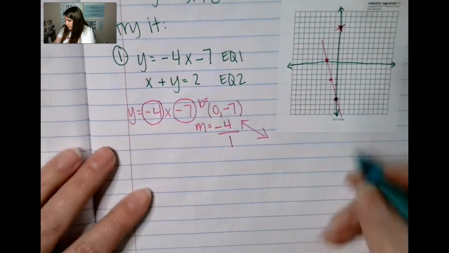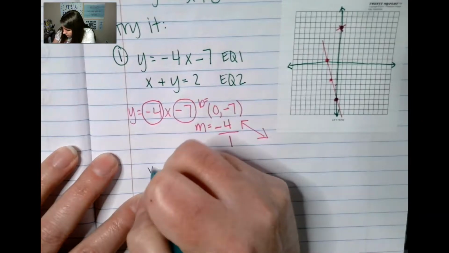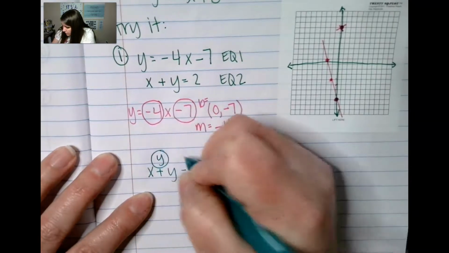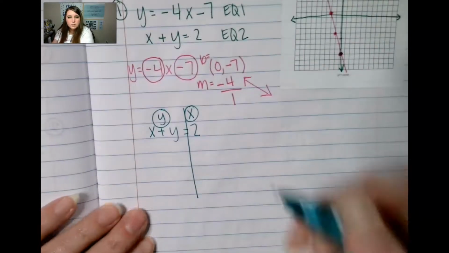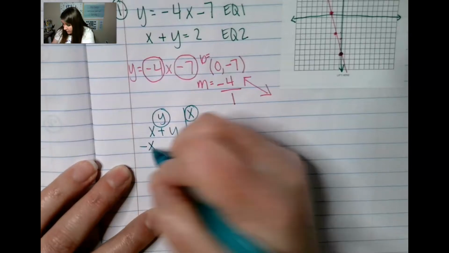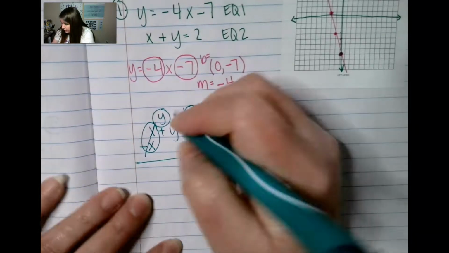All right, the second one, our equation number 2. Equation number 2 says x plus y equals 2. Again, I want y on one side, x on the other. So we got to move it over. Right now I have a positive x. I'm going to subtract, so this goes away. So subtract x.